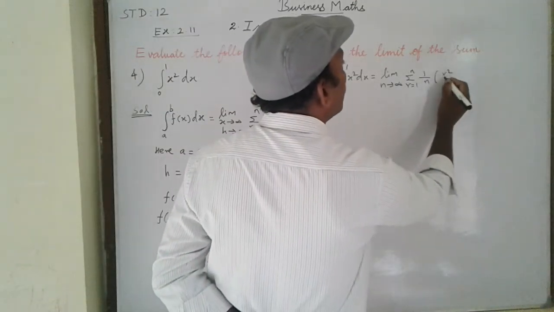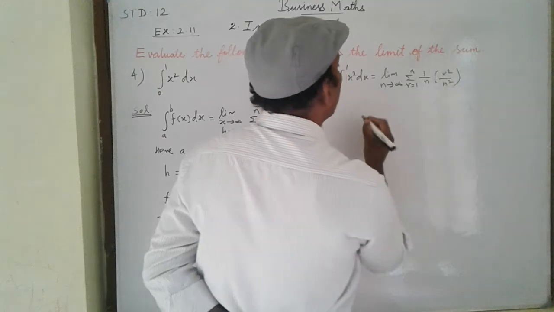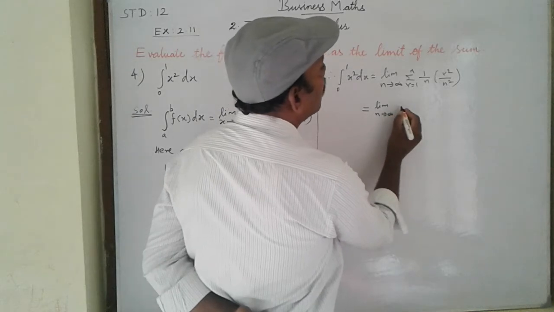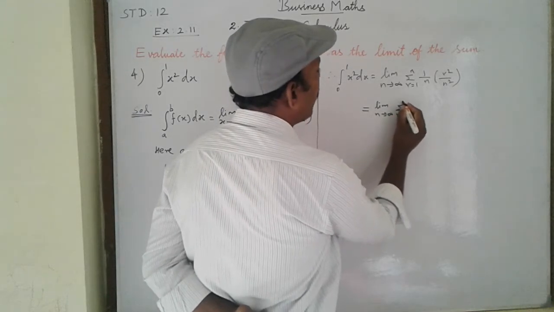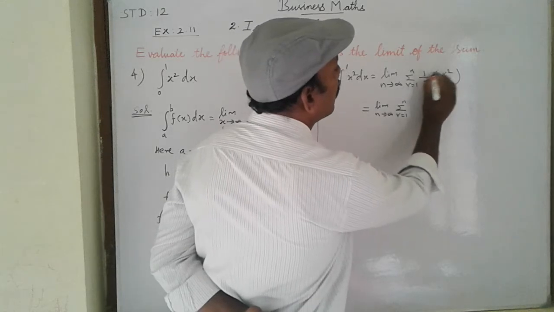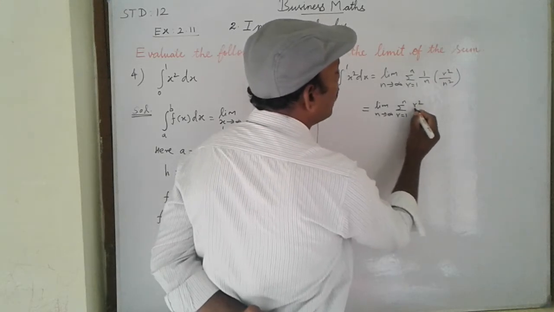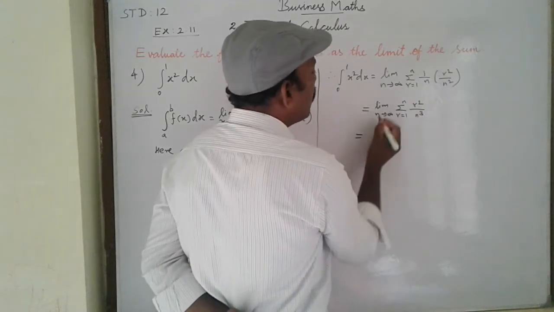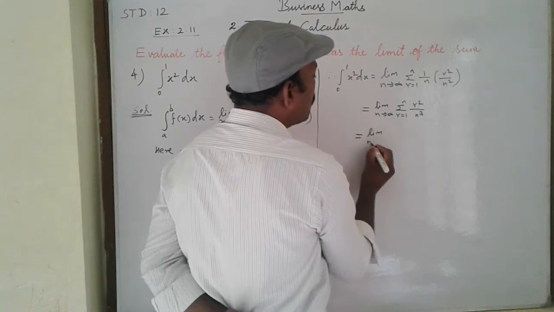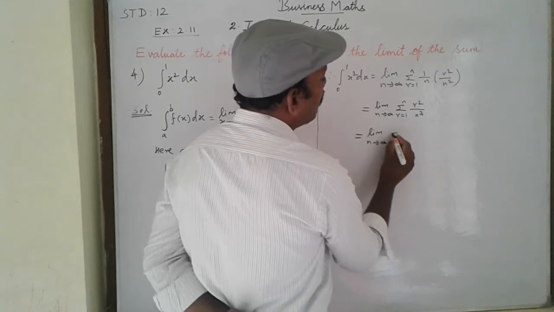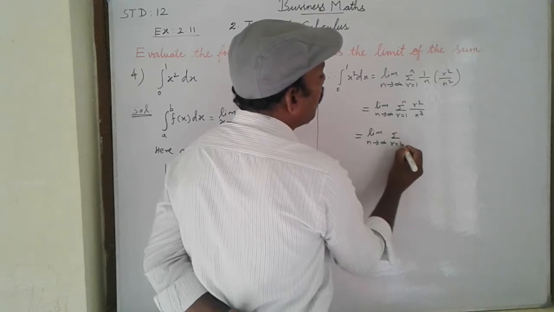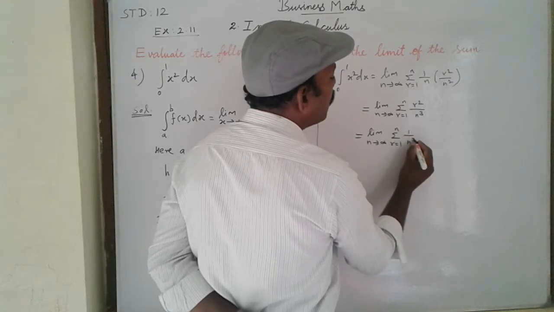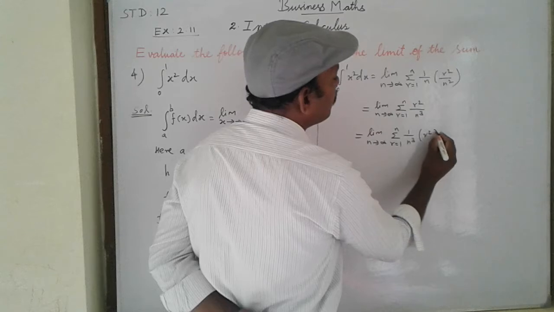So that equals the limit as n tends to infinity, sigma r equal to 1 to n, 1 into r square is r square, divided by n into n square is n cube. So we write 1 divided by n cube into r square.